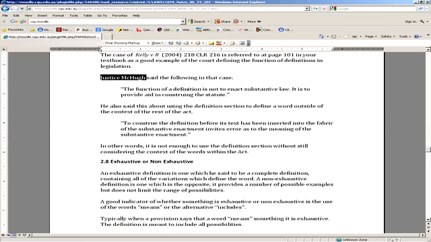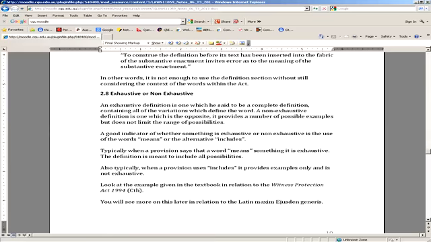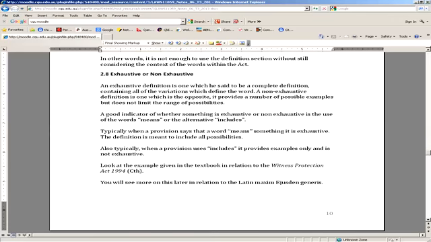All right. Well, let's move on to this idea of exhaustive or non-exhaustive. An exhaustive definition is obviously a broad definition. It's a complete definition. It's very hard to provide a complete definition because obviously it's impossible to be perfect in a sense. Another way of, you'll see the word code. So in Queensland we have a criminal code.